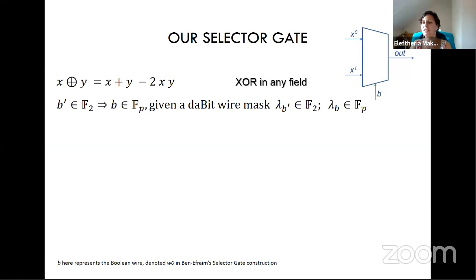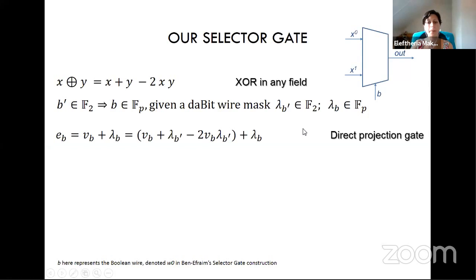That's actually implicitly used also in Ben Ephraim's construction. Given a bit in F2, to be able to project this to FP, we need to have a double wire mask for this bit: lambda b prime and lambda b that are equal, but the one lives in F2 and the other in FP.